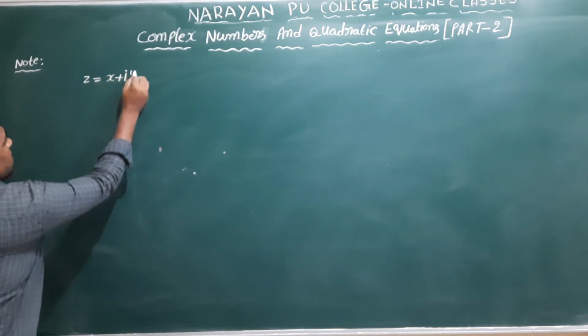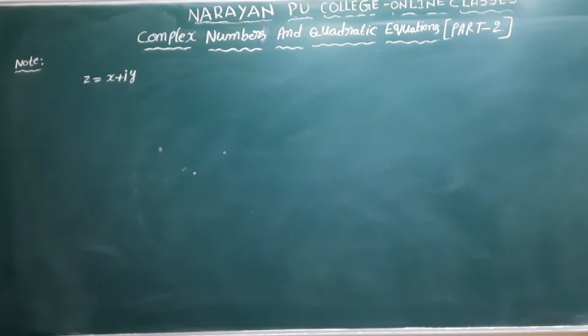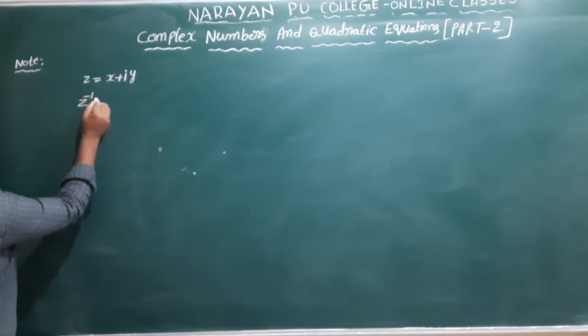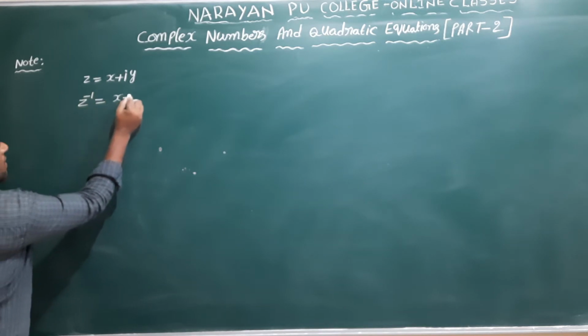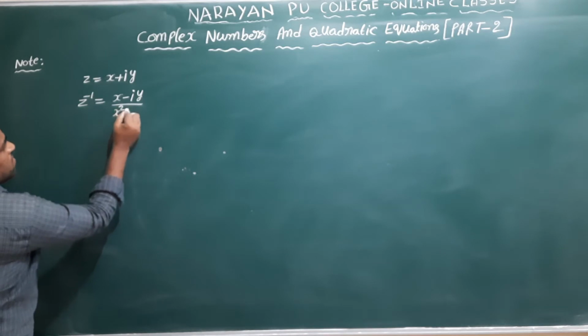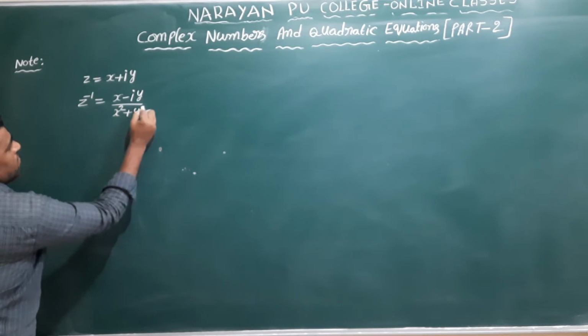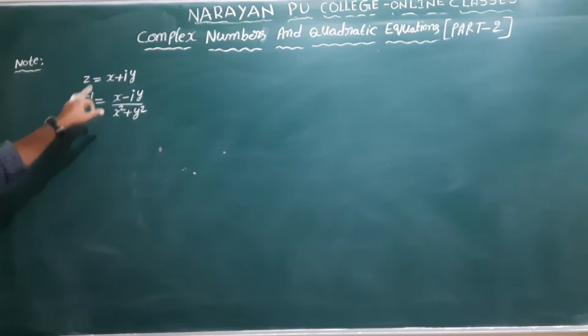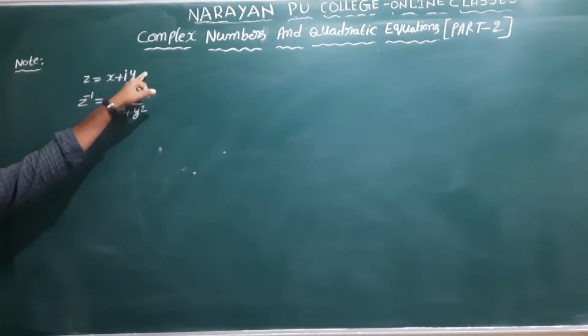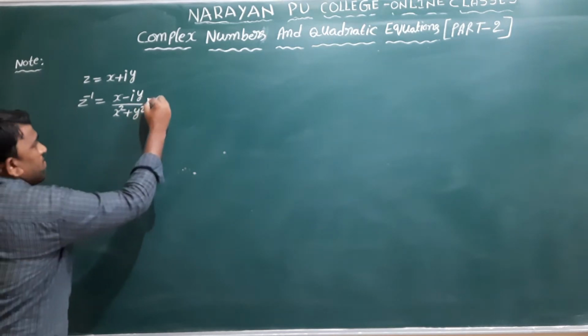Earlier we studied the multiplicative inverse. In the final step we got x minus iy by x square plus y square. How is this? z inverse is nothing but 1 by z, 1 by x plus iy. In the denominator we need to rationalize, and like that we got this final step.